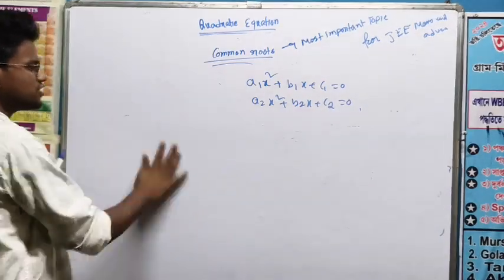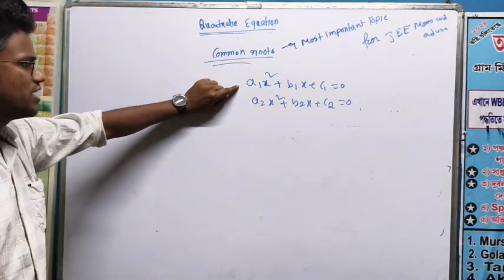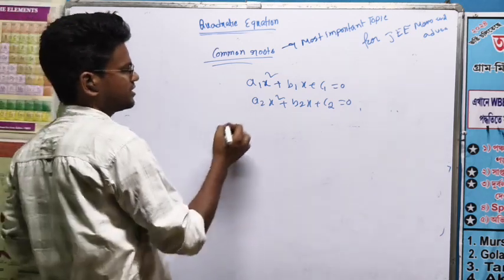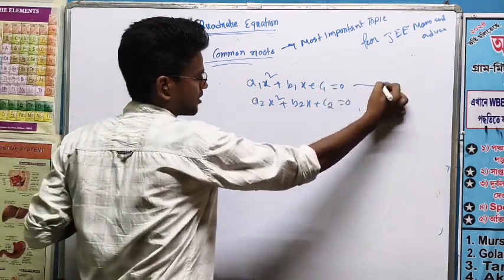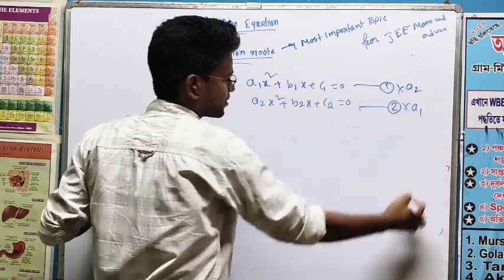So my question is two quadratic equations, and now we multiply. Equation 1 is multiplied by a2, and equation 2 is multiplied by a1.